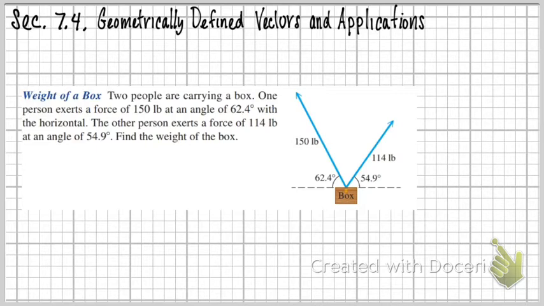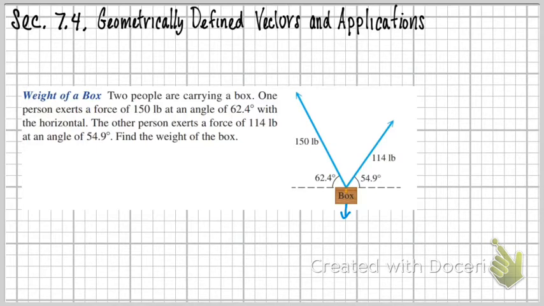Okay, so now the weight of the box is just the idea of this force downward. So the way we're going to do this problem is we're just going to think of the forces here. So I have this force here, I have this force over here, and then essentially what we're going to do is we're just going to sum those two forces together, and that's really what we're dealing with.